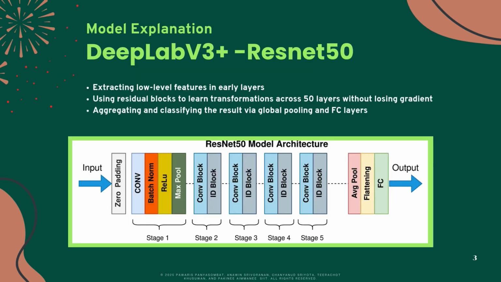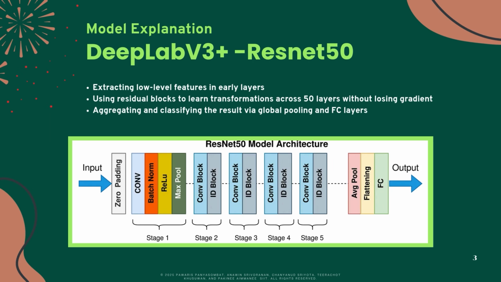Now, let's dive into ResNet50 a bit. In the beginning, it captures basic patterns like edges and shapes. Then it gets deeper and learns more complex features. And it uses residual connections, so it doesn't forget the important stuff along the way.